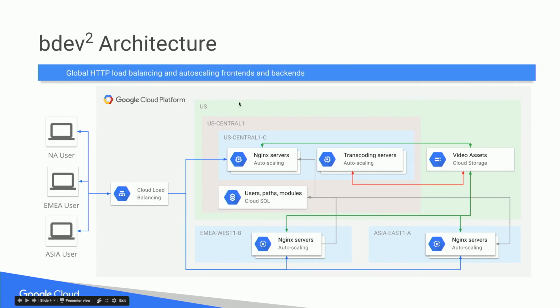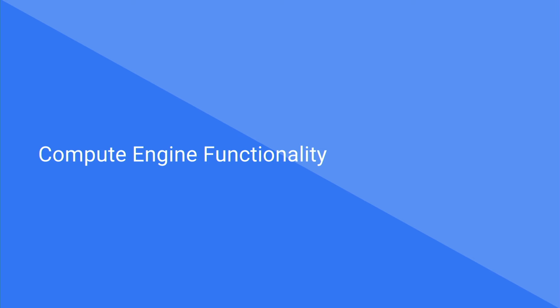And that gives us the configuration that we talked about in the architecture slide. So a lot of details coming at you real fast, but hopefully that gives you an idea of the range of capabilities and just how easy it is to build high-performing, scalable, globally distributed applications on top of Compute Engine.